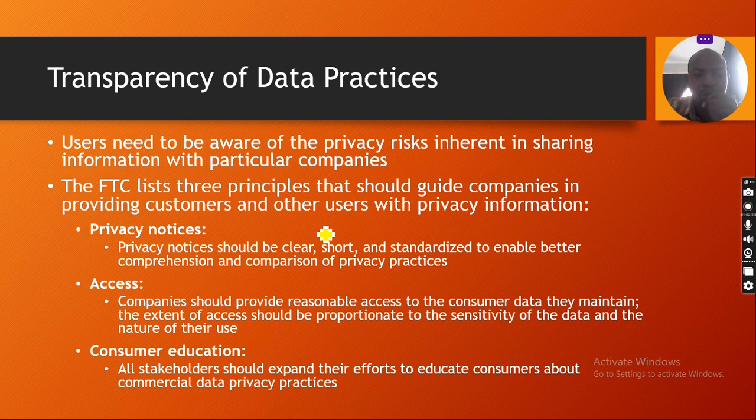Privacy notices should be clear, short, and standardized to enable better comprehension and comparison of privacy practices, so that everyone will understand. No ambiguity. Don't write things to confuse people. Don't write privacy notices that take five pages, that people cannot read. So it should be short, clear, precise, standardized. Standardized means if I have already read it here, I should understand it anywhere and everywhere.